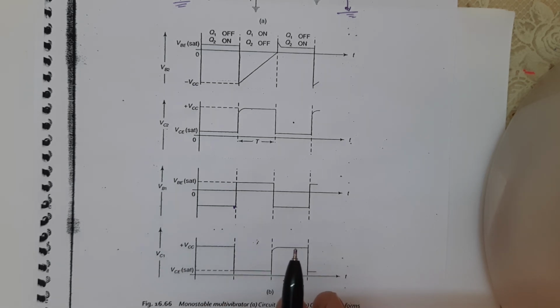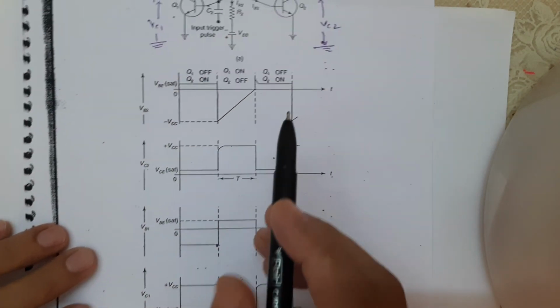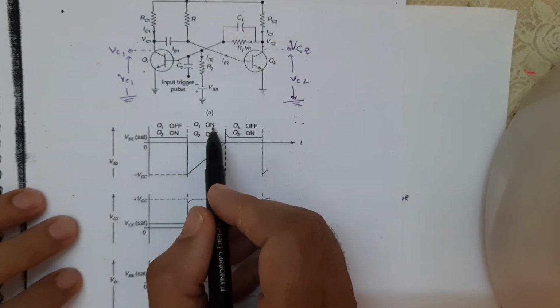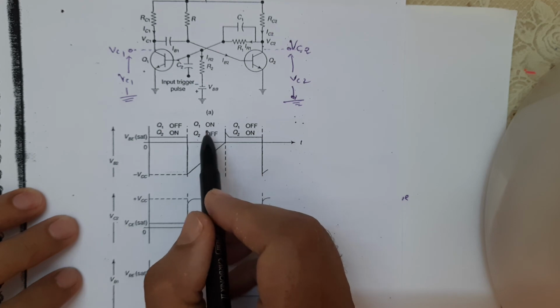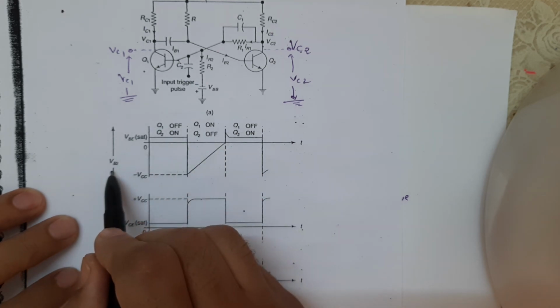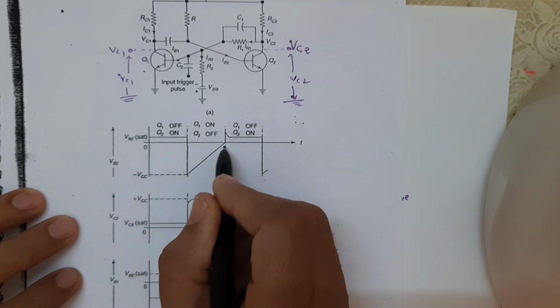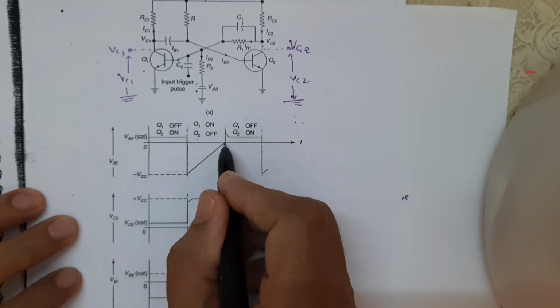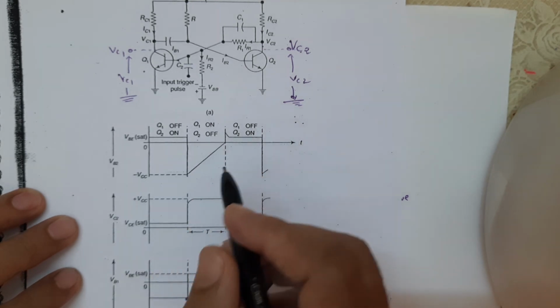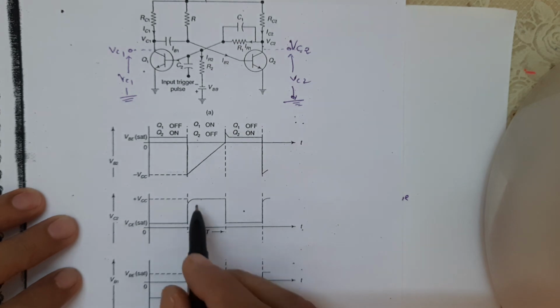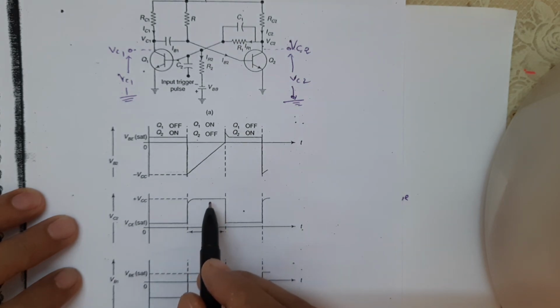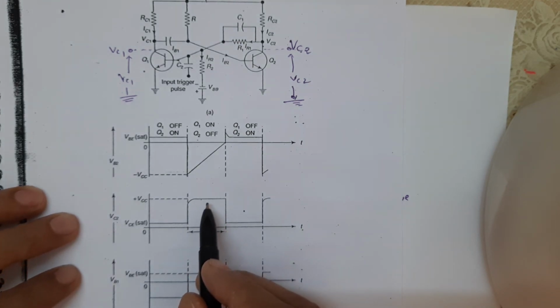So one by one, when the second stage is coming, that means Q1 is on and Q2 is off. At that time again VB2 is moving towards VCC, from negative to the nearly positive side. At that moment again VC2 is very high, approximately nearly VCC, right?